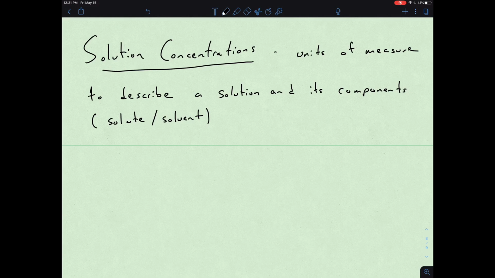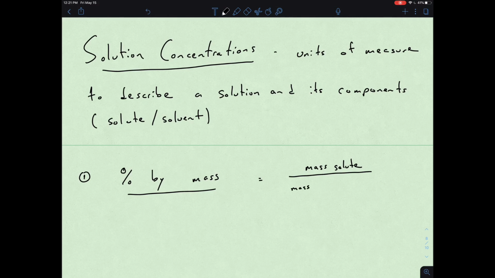The first one would be percent by mass. Percent by mass is basically equal to the mass of the solute divided by the mass of the solution times 100.